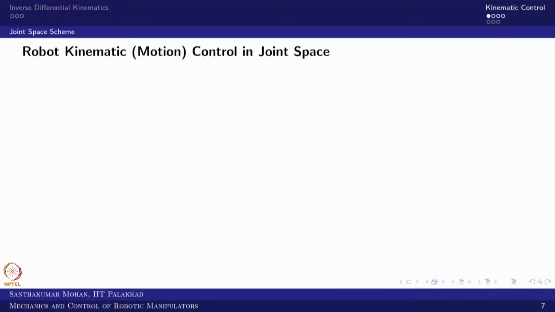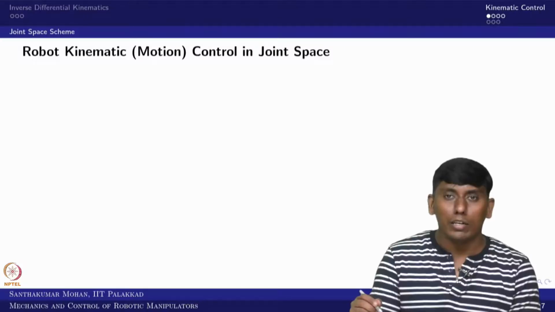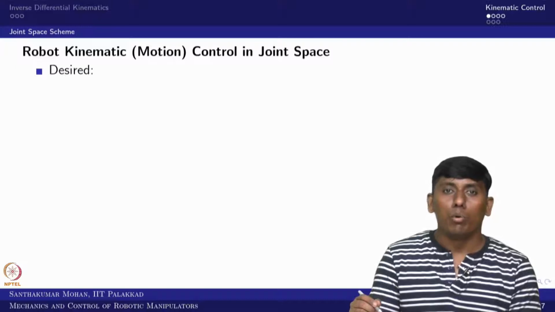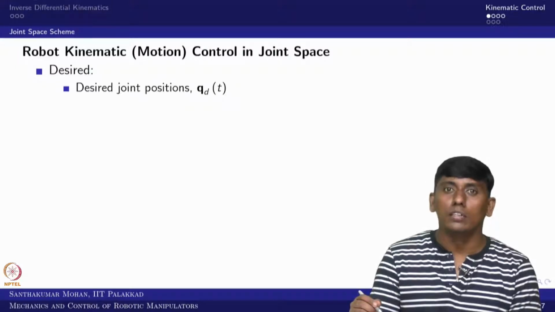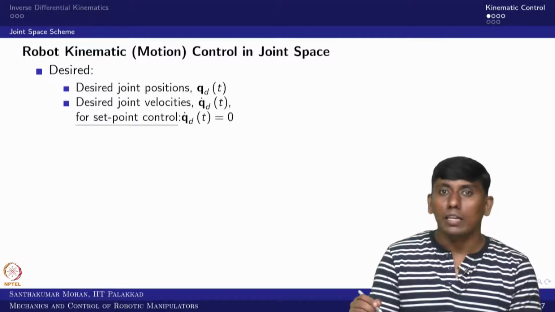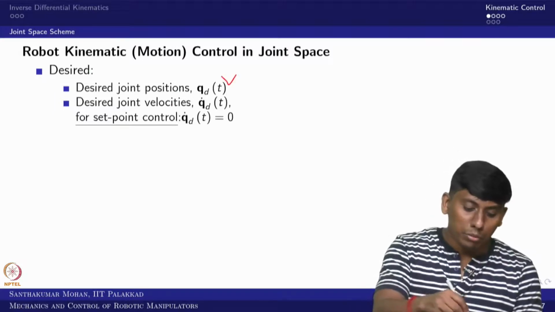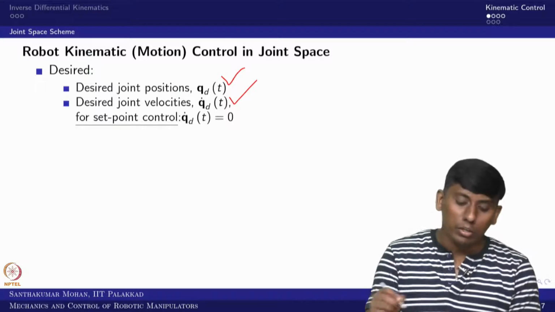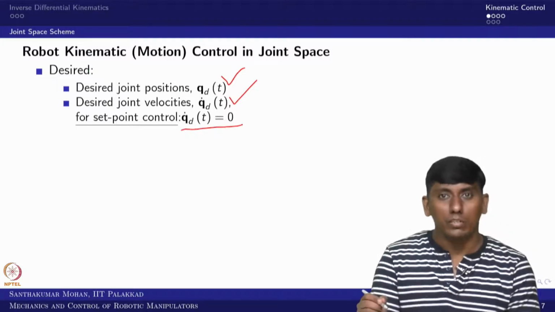Okay. So now we will move to the kinematic level control, where the joint space is the consideration. The desired would be joint position and joint velocity, which is nothing but Q desired and Q desired dot. If it is a set point control, the Q desired dot would become 0.